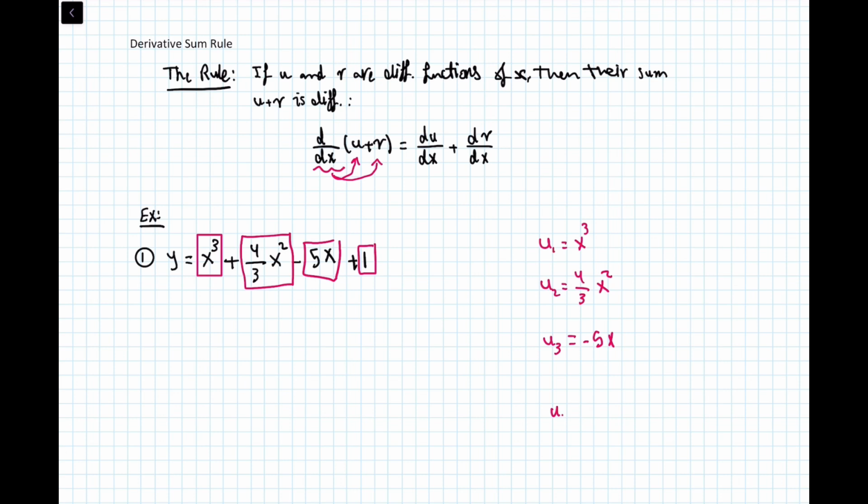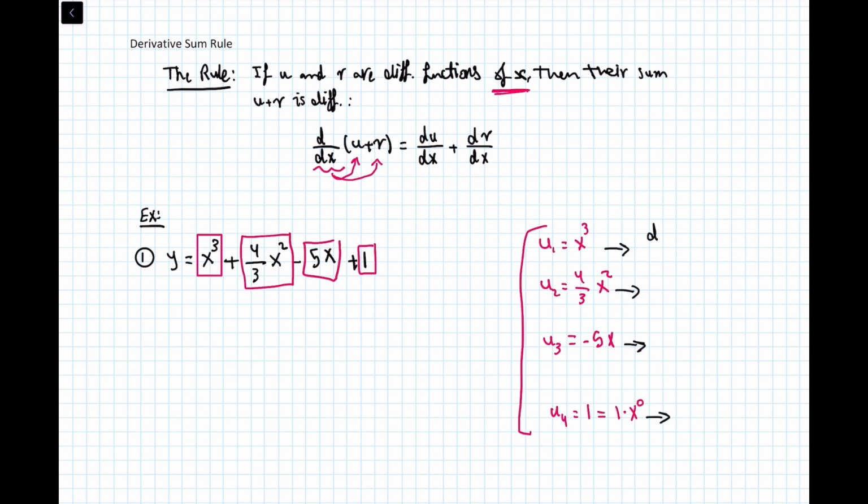So u4 is equal to 1, which is basically the same thing as 1 times x to the power of 0. So they follow the rule that all of them are functions of x. So we're good. We're gonna differentiate each of them and then sum the derivatives we get, and we're done.